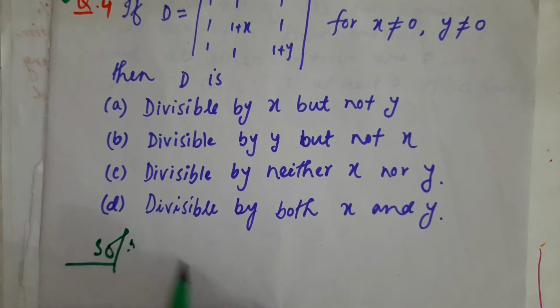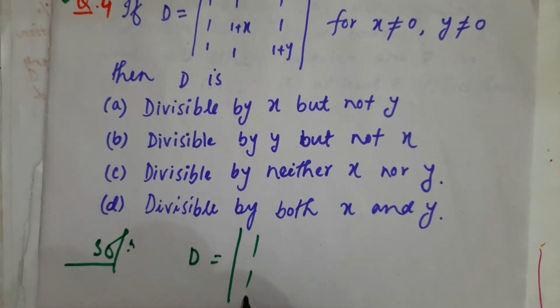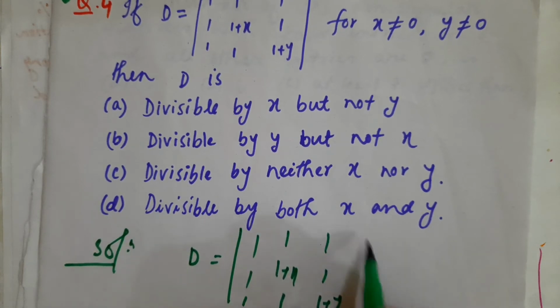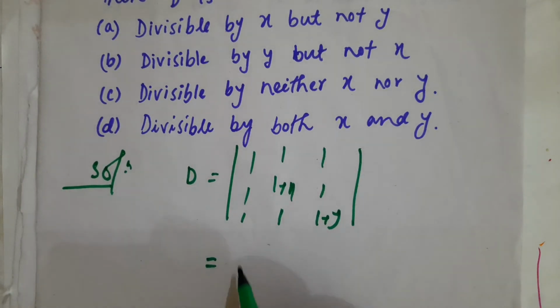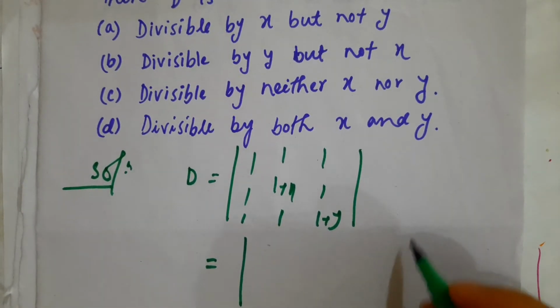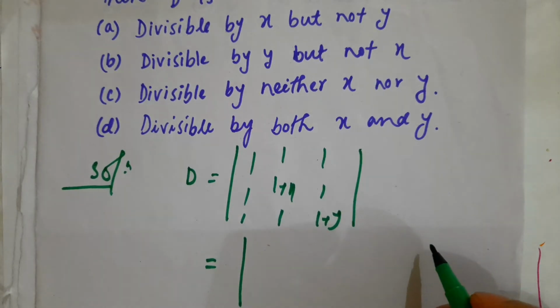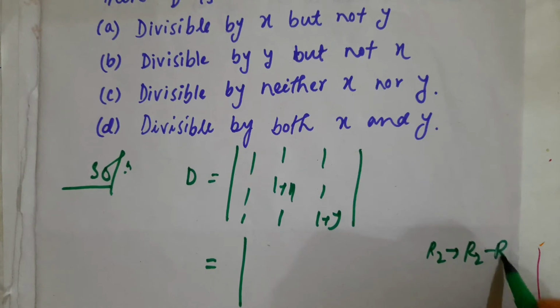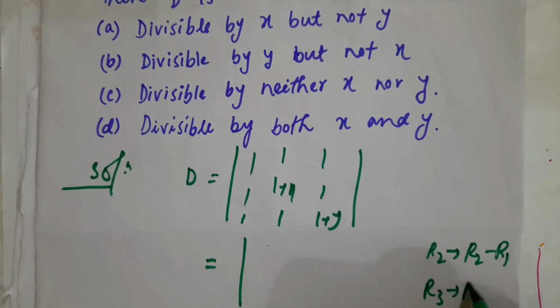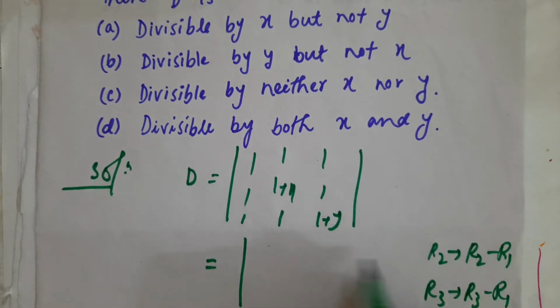Now solve this determinant first. D equal to 1 plus x, 1, 1, 1 plus y. So the operation we will do: r2 changes to r2 minus r1 and r3 also changes to r3 minus r1.